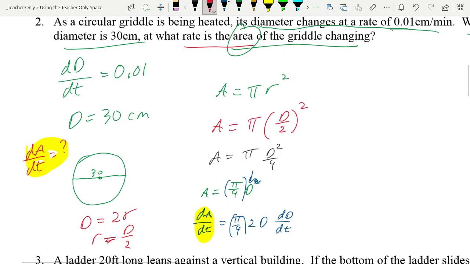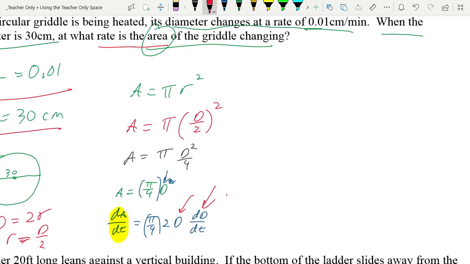Now we go through and we hope we have all the information. Do I know d? Yes, I know d is 30 centimeters. Do I know dd dt? Yes, I know it's 0.01. So therefore, we're done. dA dt is equal to pi over 4 times diameter of 10 times dd dt, which is 0.01.